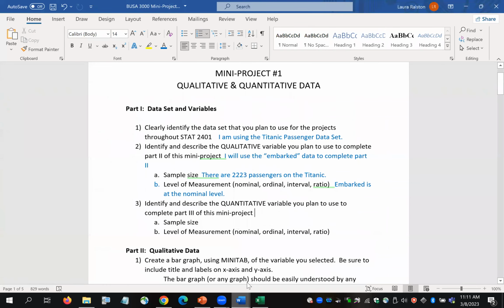Okay, so if I'm thinking about working on project 1, you've already told me that you're going to use the Titanic passenger data set. So now I'm at question 3 under part 1. It says identify the quantitative variable.